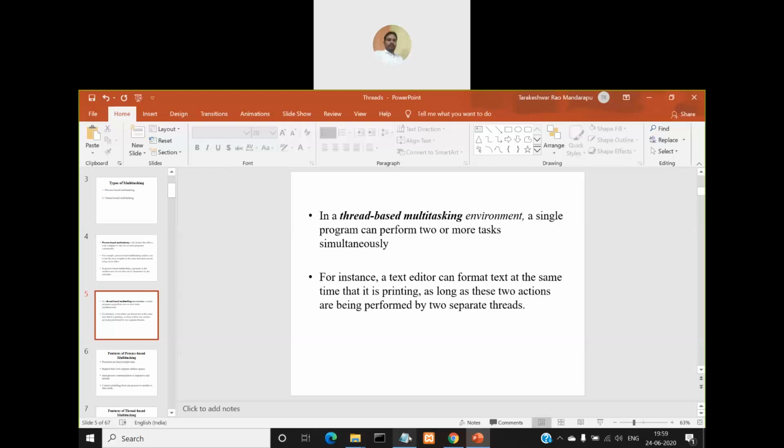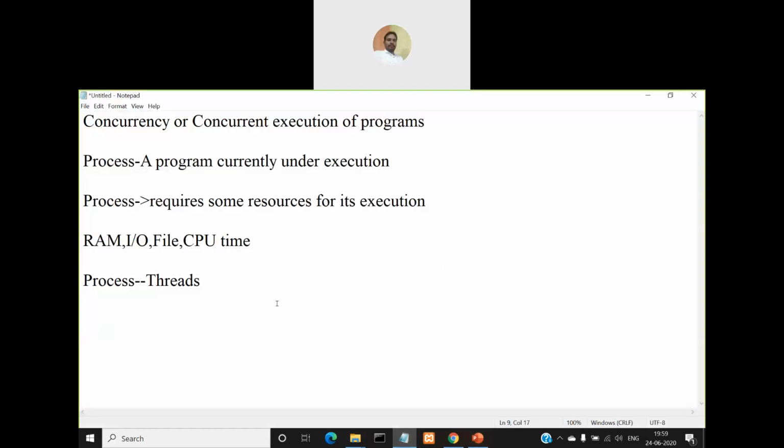Now if I open the text editor Notepad, the key that I type on the keyboard is processed by the text editor, and at the same time, whatever key I have typed is also displayed on the screen. These two tasks are performed by a single process, the Notepad window. But this Notepad has two different tasks: one is receiving input from the keyboard, the other is displaying it on the Notepad window.